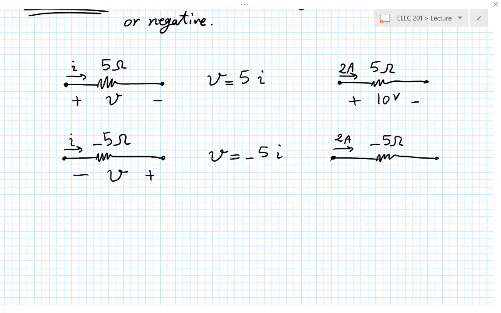What's the voltage? Look at the equation. So current is 2 amps. What's the voltage? Minus 10 volts. Now, what is the polarity of my voltage? This is how I've defined it. So minus, plus. And the value is negative 10 volts. Okay?